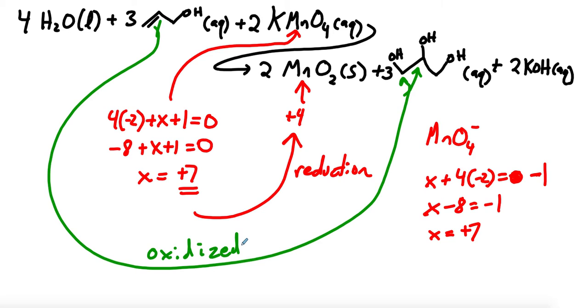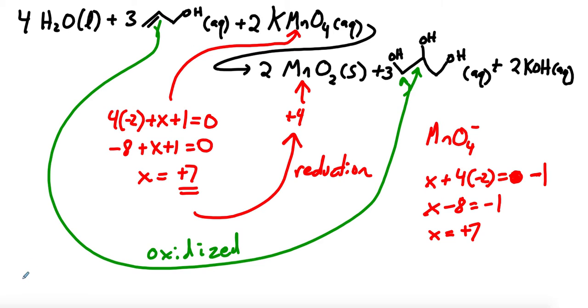We might as well throw a little extra vocabulary in here. We might want to say what is the reducing agent and what is the oxidizing agent. If you are being reduced, then you oxidize something else. So we can use that language here. We can see that the manganese is being reduced, and so it oxidized the organic compound.